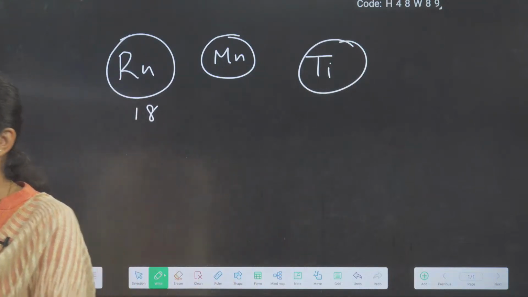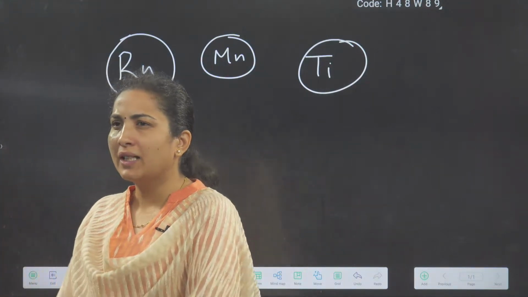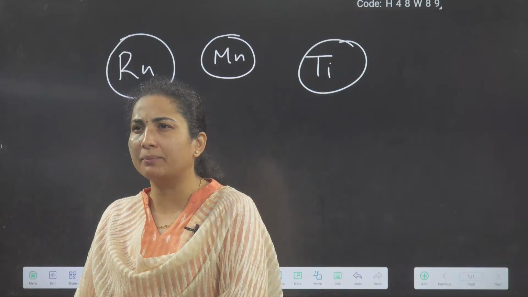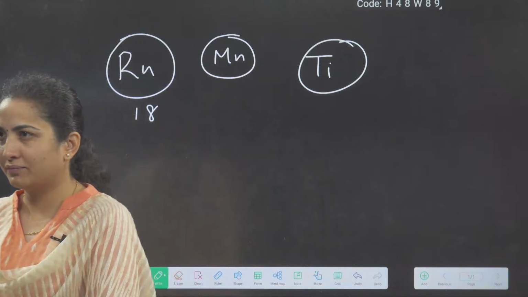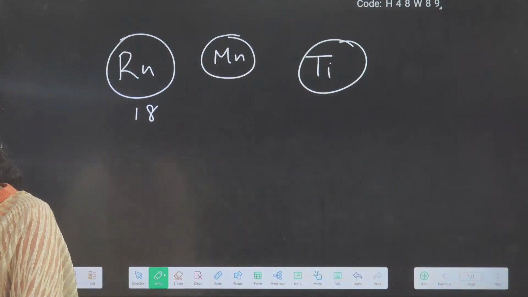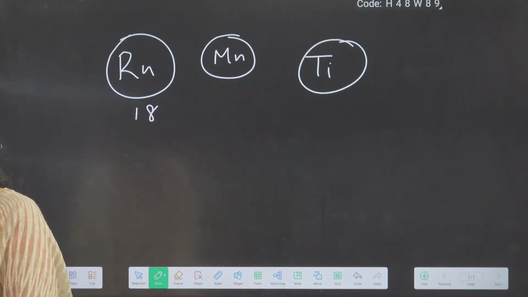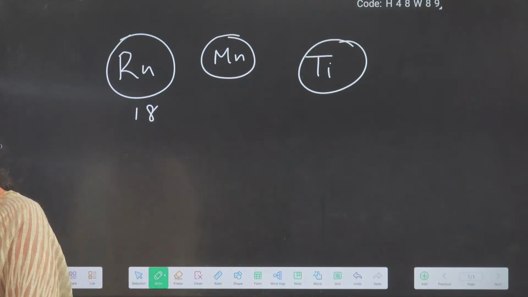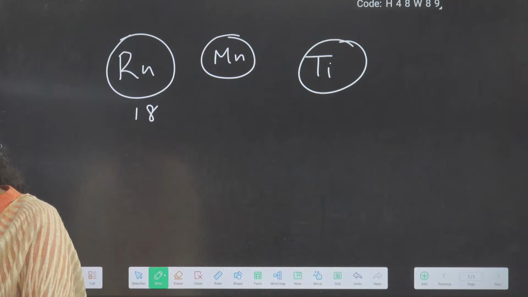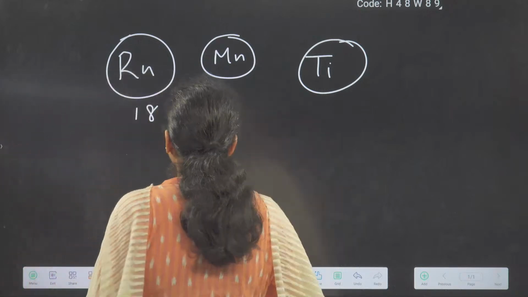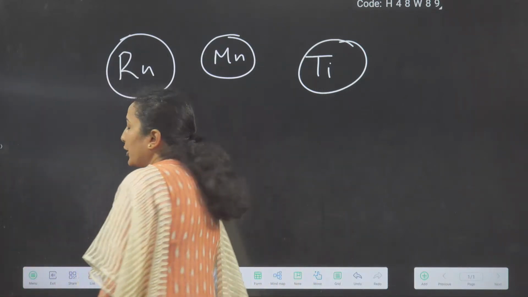Yttrium symbol, do we remember? Symbol of the element yttrium. Dora again wrong. Suryansh also wrong. Yttrium, Y. It's Y. Yttrium is Y. Good.